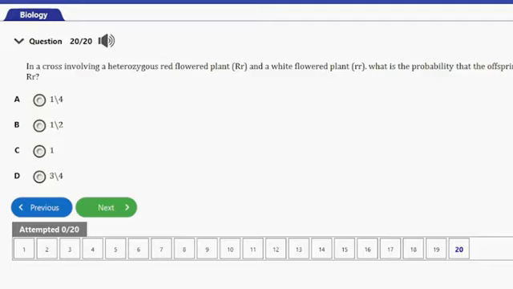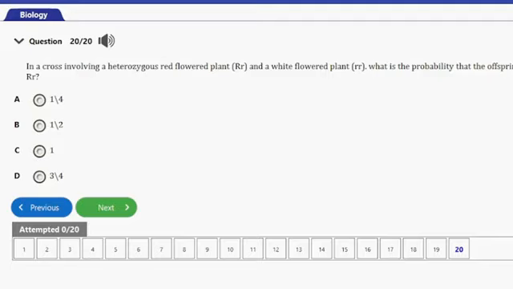So guys, again, you have to always consider and remember that when you cross a heterozygous plant with a homozygous recessive plant, you always have the phenotypic ratio 1:1.